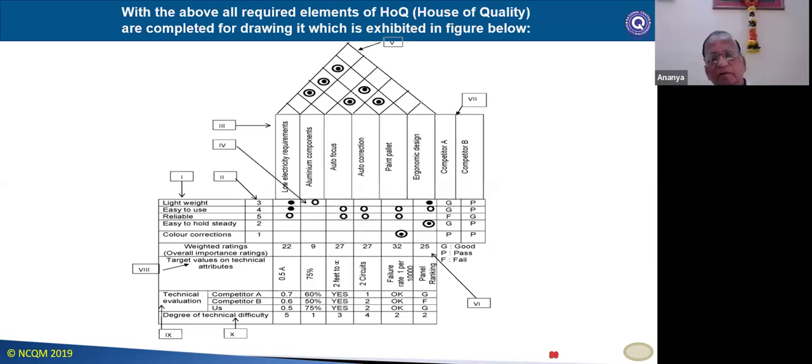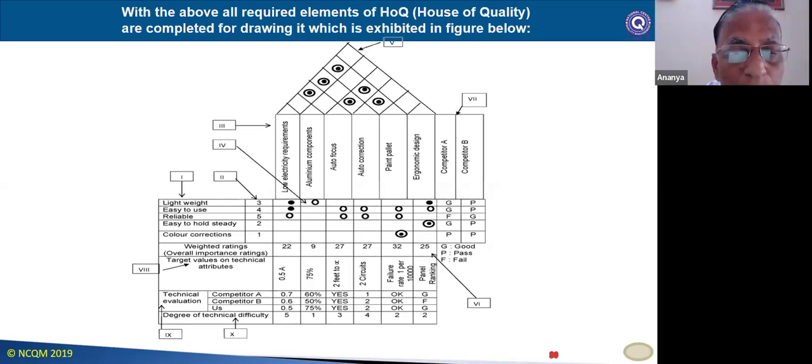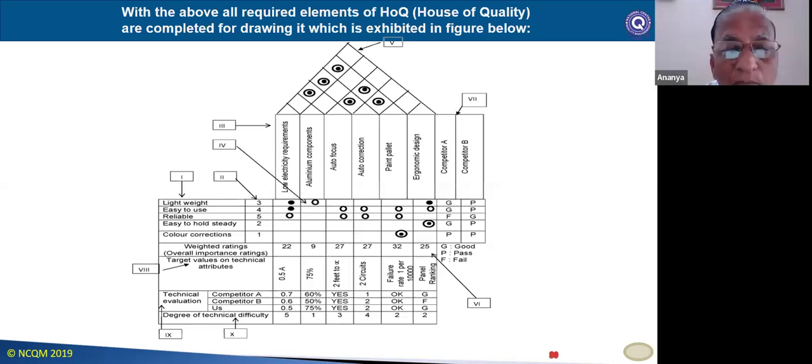Once that is done, you again come down and look at 6 where they have calculated the weighted average. This weighted average is calculated column wise. Take the first column, 22.